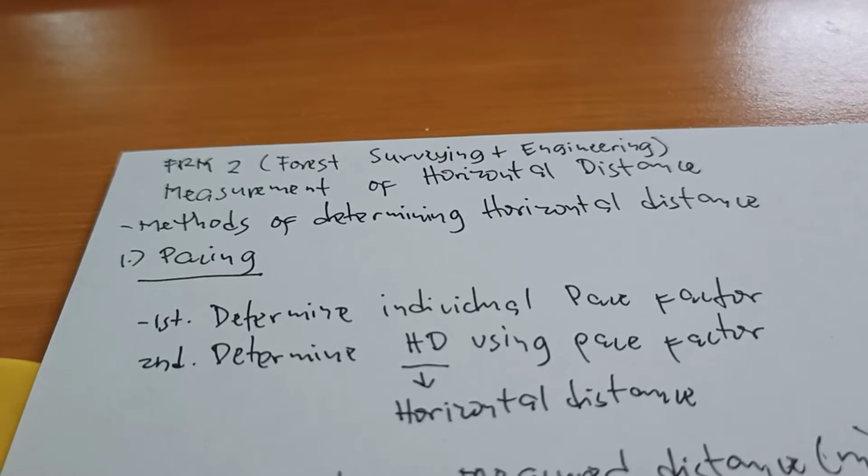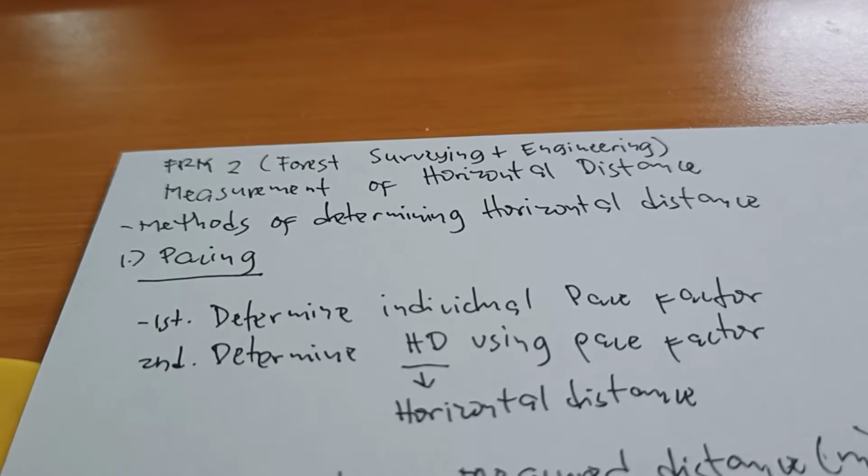Let me start with what our objectives are in determining horizontal distance using pacing. First, we need to determine the individual pace factor of the surveyor. Each one of you has a different pace factor depending on the length of your stride. So, different people, different students, you have different pace factors. Second, in order for you to determine HD, you need to use your individual pace factor.